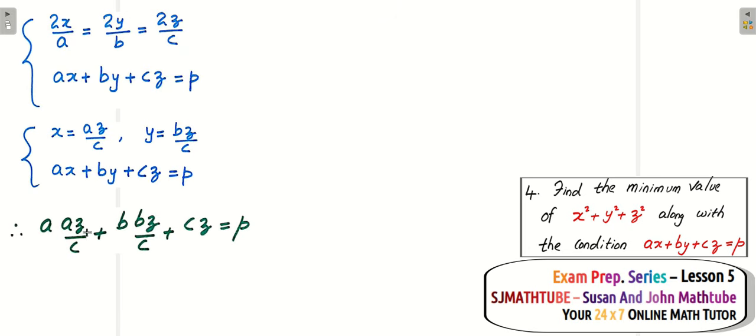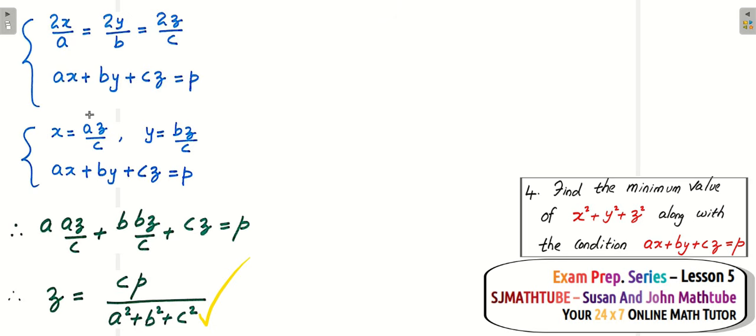And now simplifying, you can take z common, and you will end up with a square by c plus b square by c plus c is equal to p. If you want to create a common denominator, you can do like this, and that will give me z equal to c p the whole divided by a square plus b square plus c square.